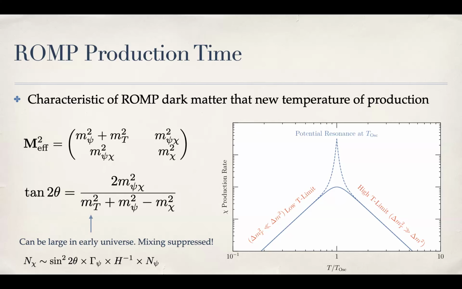Something interesting happens, though, when sine squared of 2θ stops having any temperature dependence, which occurs when your thermal mass squared drops below m_ψ squared minus m_χ squared. At that point, your mixing angle becomes just your normal vacuum mixing angle.